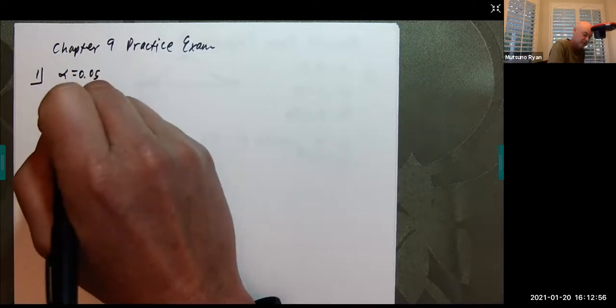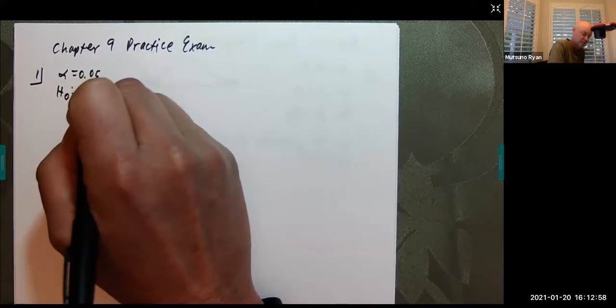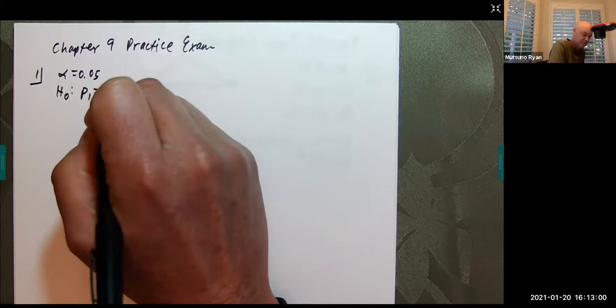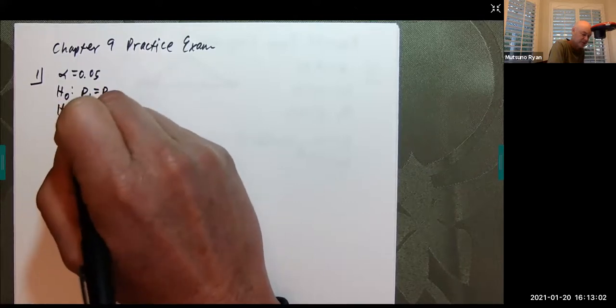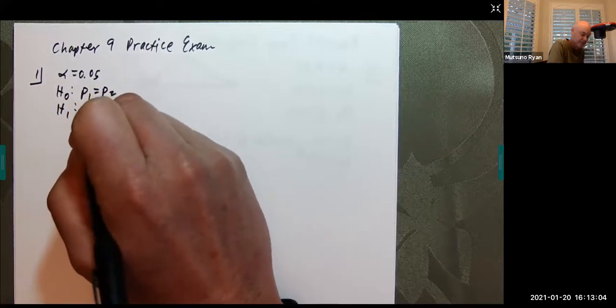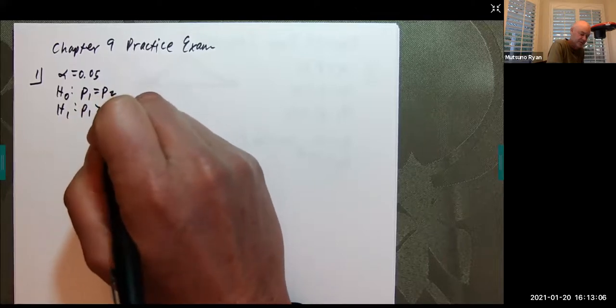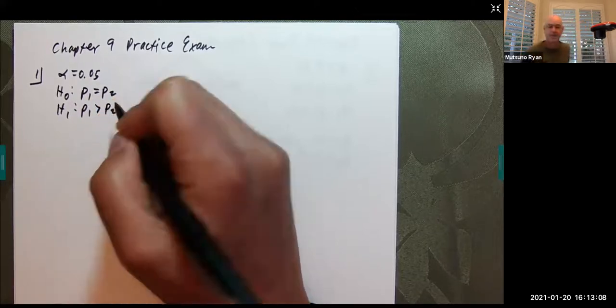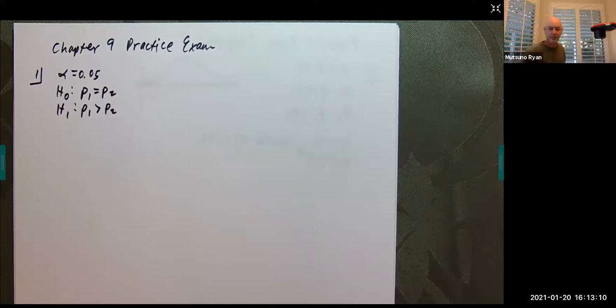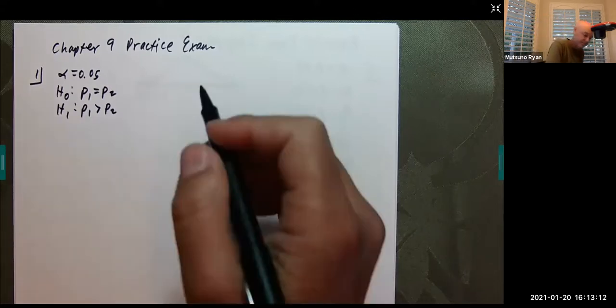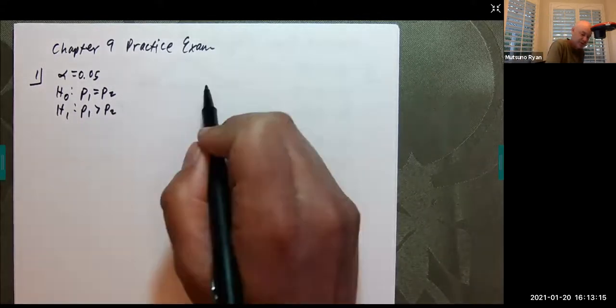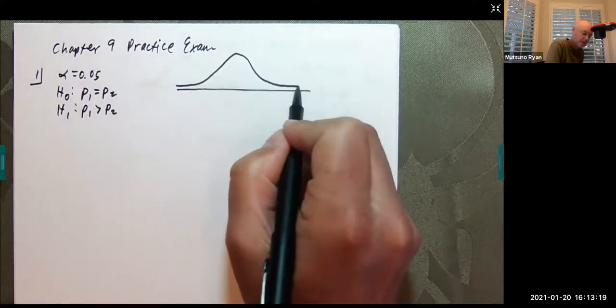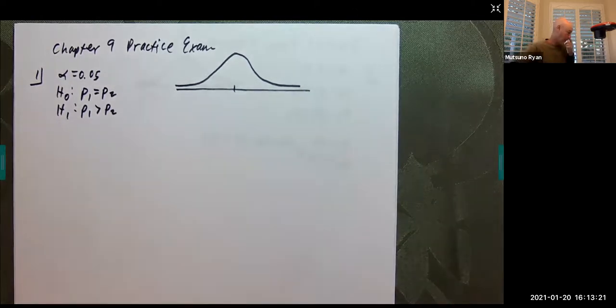And it looks like they want us to test the claim that the first population proportion is larger than the second proportion. And we're looking for critical values. And because it's greater than, we're going to have a right tail.